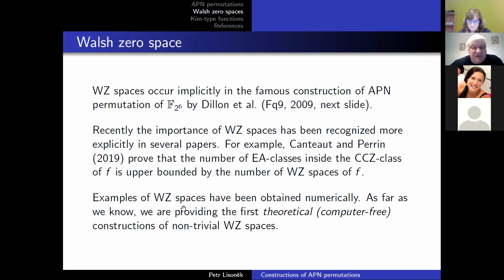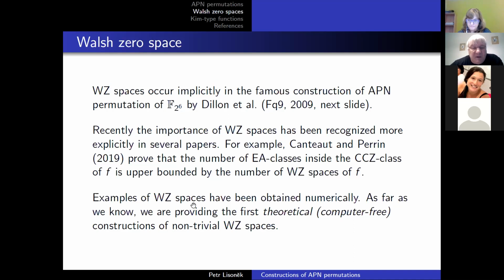So these Walsh zero spaces that I just defined, examples have been obtained numerically. So for example, this construction by Dillon, it's purely numeric. There are no theoretical considerations of why it works, or very little, I would say. So it's mostly computational, the paper.